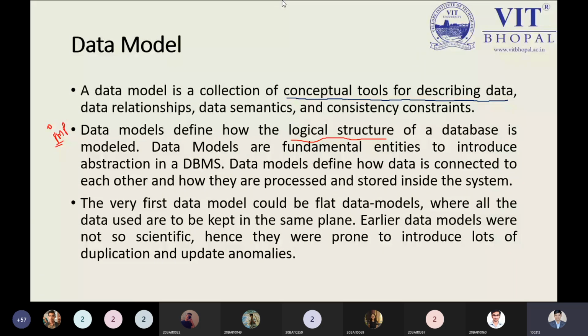If I take a simple example, a faculty and a student can be related. Faculty and student are both real-time entities, and both are required to contain some properties, and those properties are known as attributes. So what are the attributes of a student?